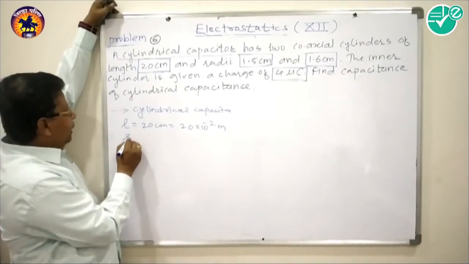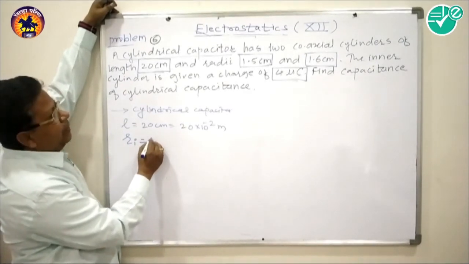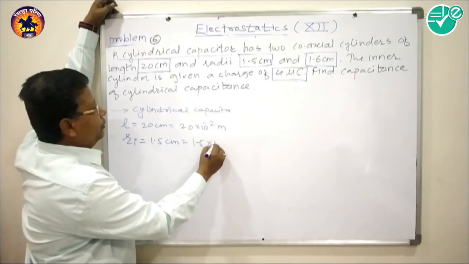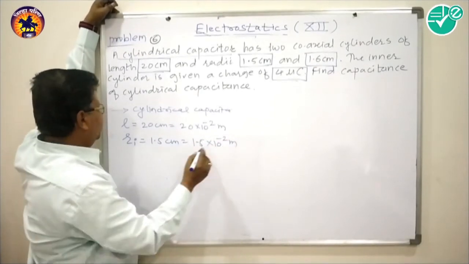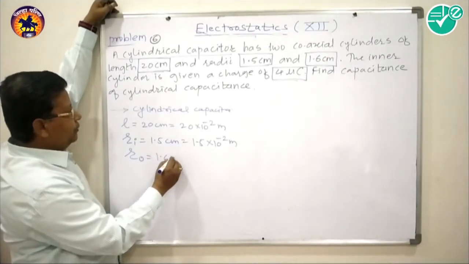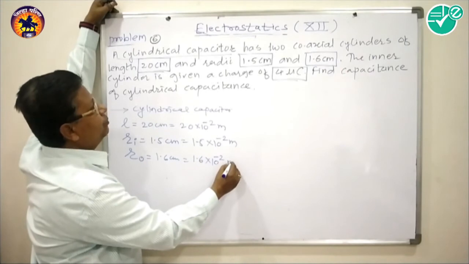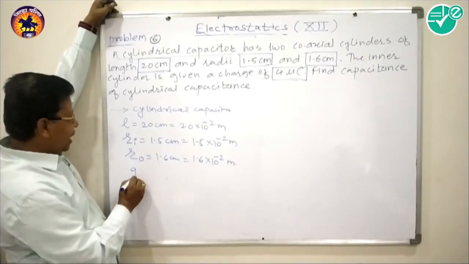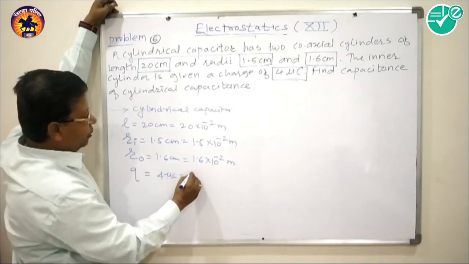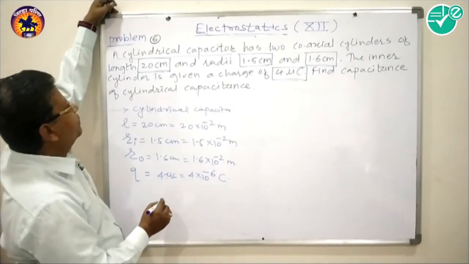Again, the radius of the inner cylinder is Ri, which is 1.5 centimeter, 1.5 into 10 to the power minus 2 meter. The radius of the outer cylinder, Ro, is 1.6 centimeter, 1.6 into 10 to the power minus 2 meter, and charge is given, which is 4 microcoulomb, 4 into 10 to the power minus 6 coulomb.